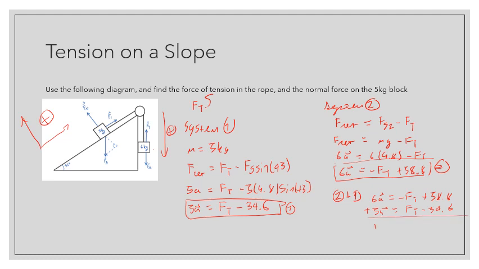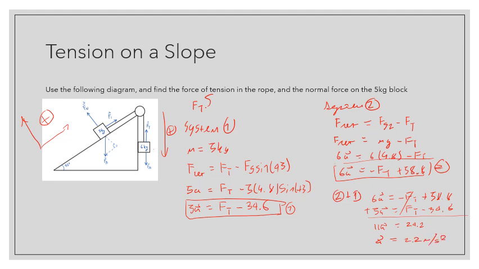That means that 11a is equal to 24.2. The Ft terms cancel each other out, so the acceleration is equal to 2.2 meters per second squared.